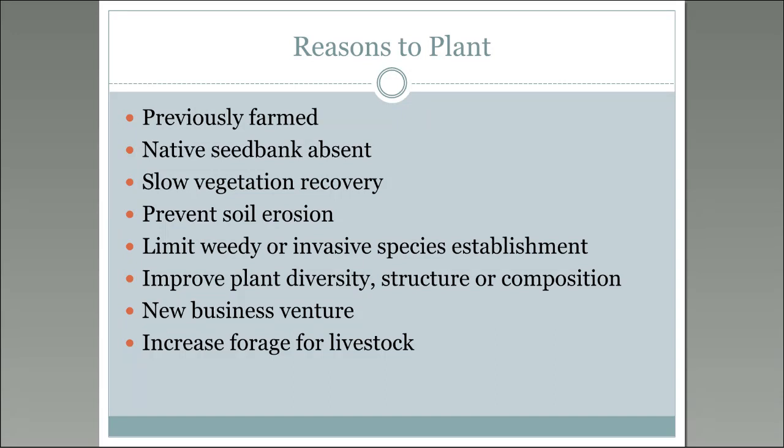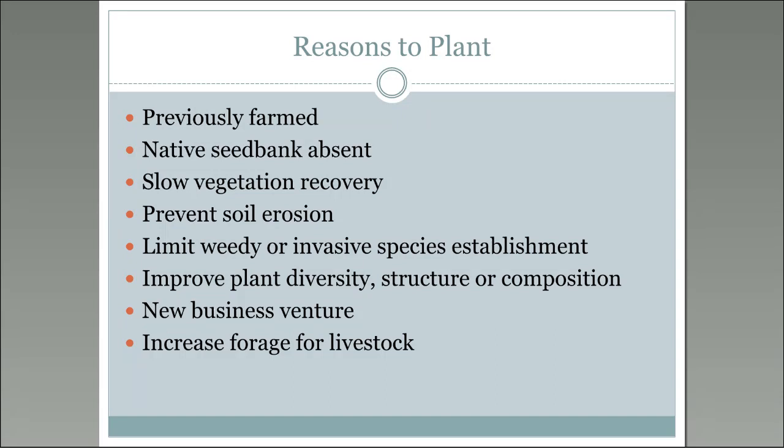So having plants on the soil surface helps to maintain the soil in its place and also to help that rain infiltrate into our subsoil layers where that subsoil moisture can later be used. So definitely having plant cover is beneficial in many ways for our soils. Also, you might want to limit the weedy or invasive plant species.